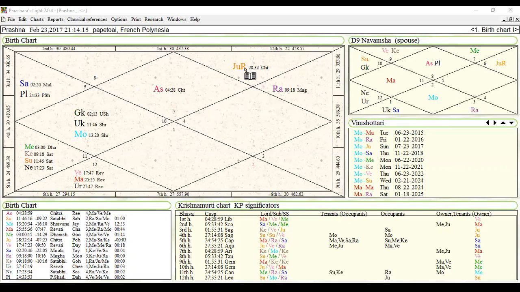Are there any other planets in this chart that are Vargotama? Do we notice any others? No, I don't think so. So you can see that this is a fairly rare phenomenon to find a planet in the same sign in the D1 as it is in the D9.